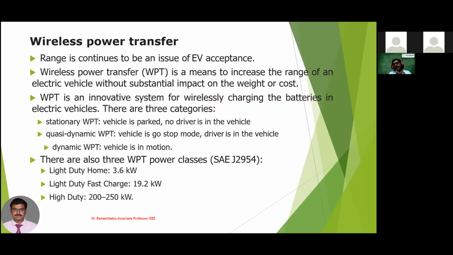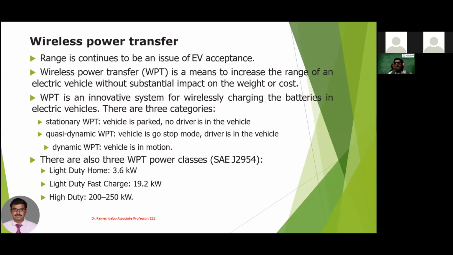Next is the wireless power transfer system. There are basically two types: stationary wireless power transfer and dynamic. In the dynamic category you can see quasi-dynamic wireless power transfer and dynamic wireless power transfer. Stationary means the vehicle is parked, with no driver in the vehicle.